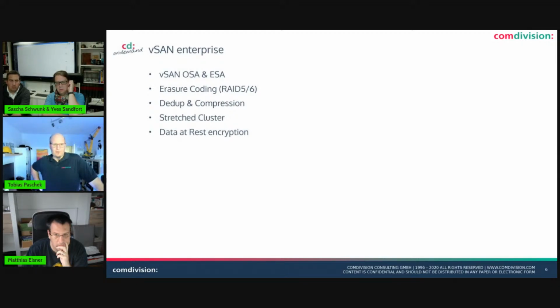But as Yves already mentioned, there are some limitations at the moment from a vCF perspective. So at the moment, for example, ESA is not capable of being utilized in a stretch cluster behavior. So we cannot utilize ESA at the current time in a stretch cluster.